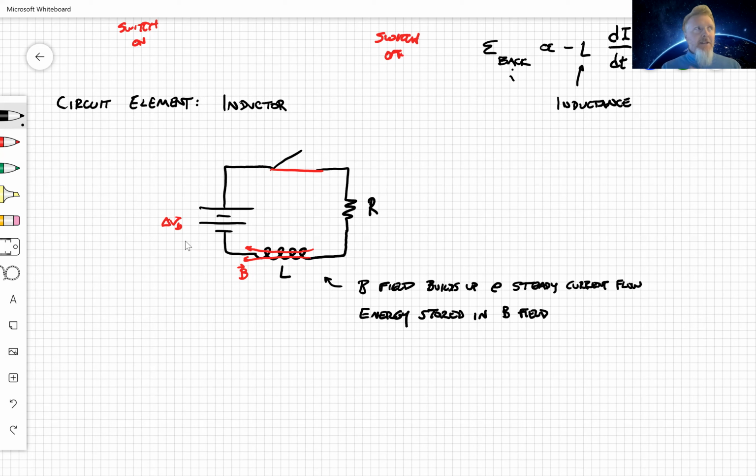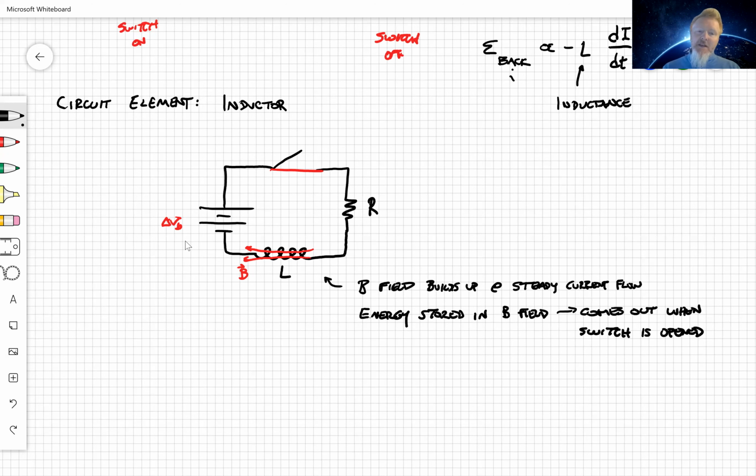It'll release its energy. I don't know quite how to say that. Energy stored in the B field, and it can come out when the switch is opened. Okay, it drives the current for just that bit extra time.